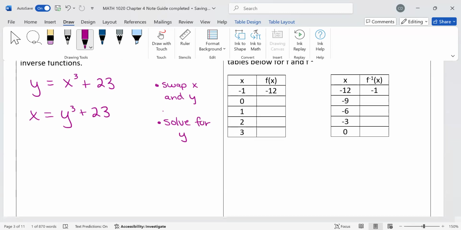All right, so we need to solve for y, so let's move the 23 first. And let me move this over, just to give myself a little more room.